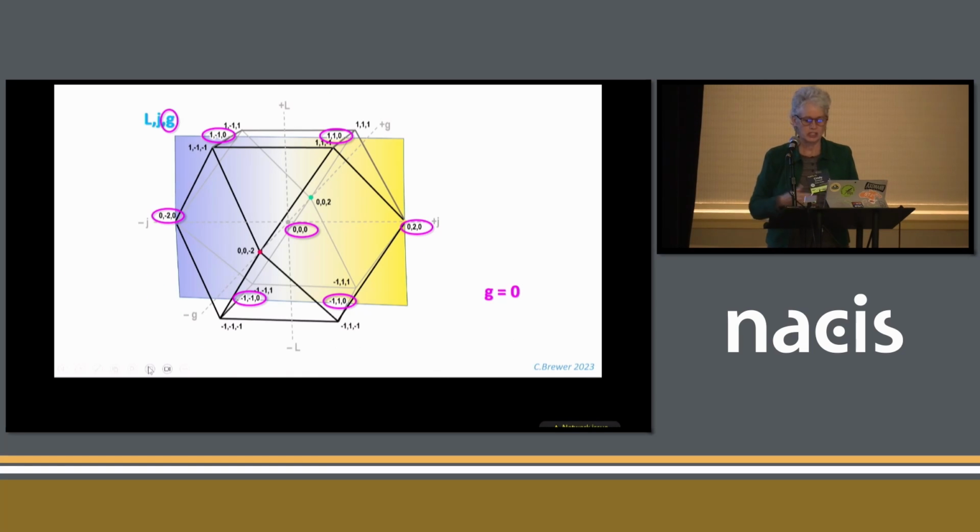So here's g equals 0, so we're coming right through the middle of the cuboctahedron. See the numbers I circled there? See the last number, the little triplets, 0, 2, 0. The way you define this is that you always have 0 there, right? 0, 0, or g equals 4, for example.